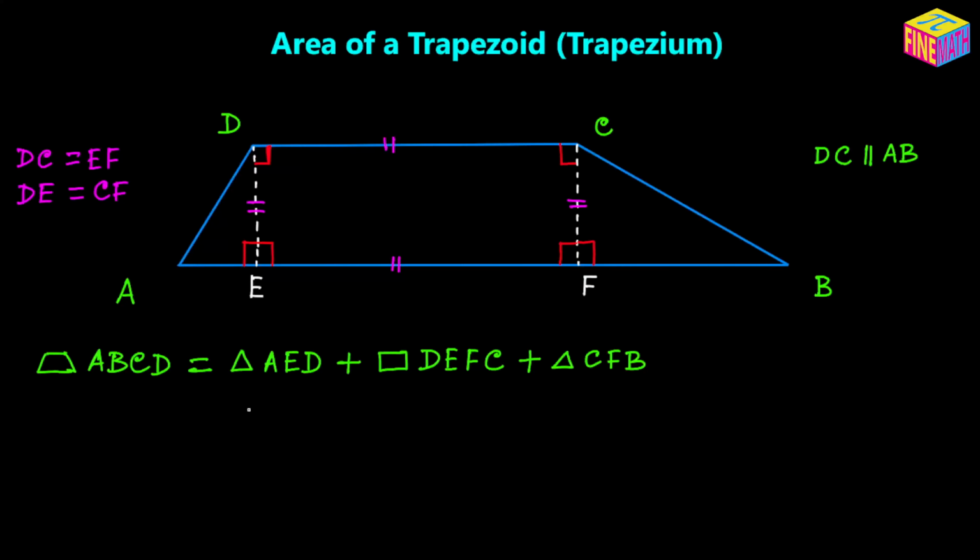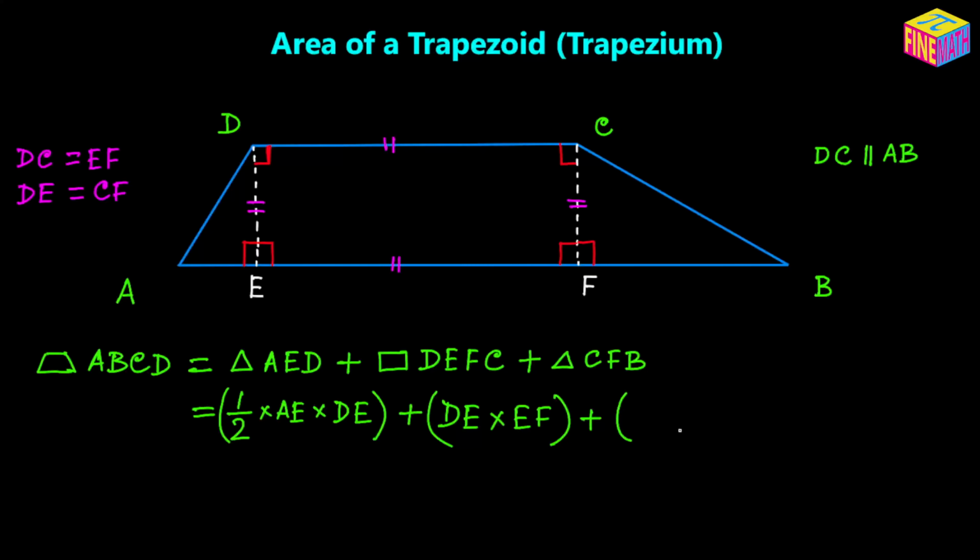The area of the triangle AED would be half of AE times DE. Plus the area of the rectangle, which is DE times EF, plus the area of the triangle CFB, which is half of FB times CF. We know that the area of a triangle is half times base times height.